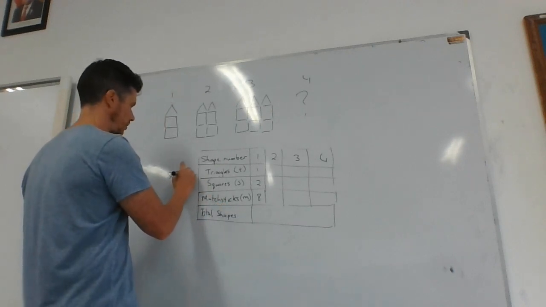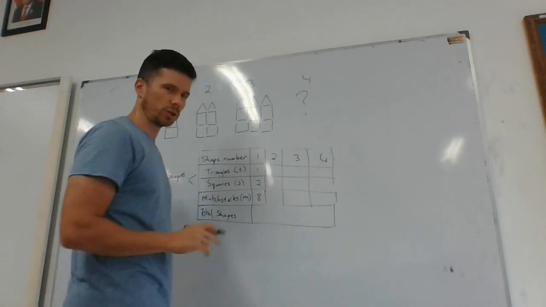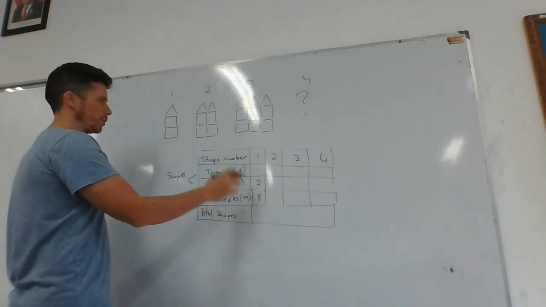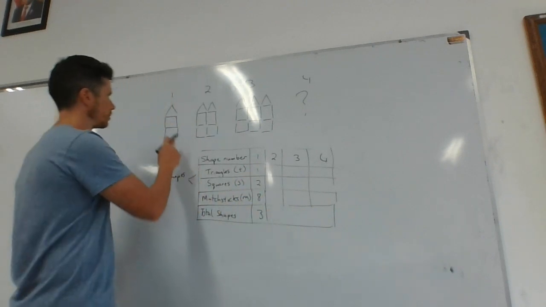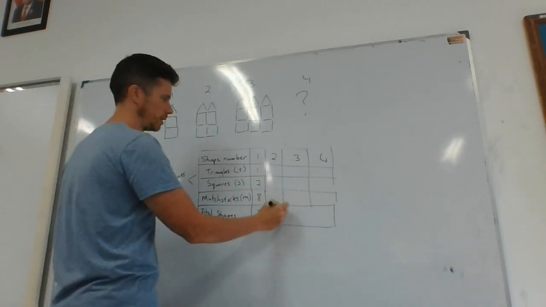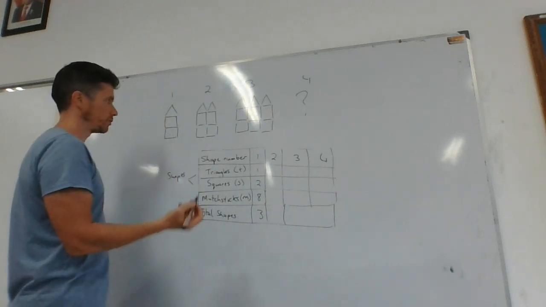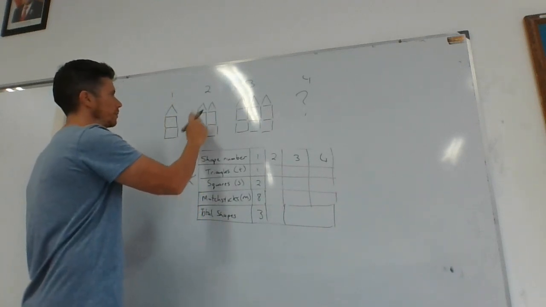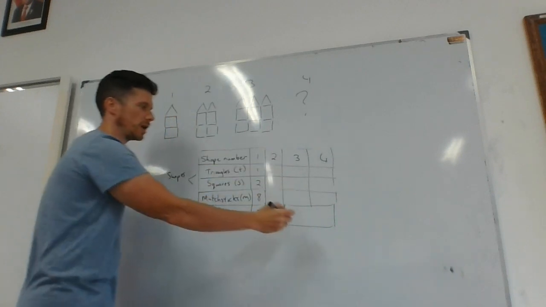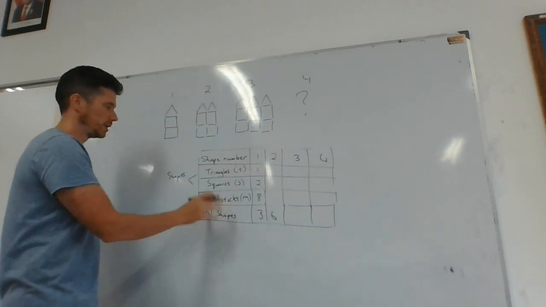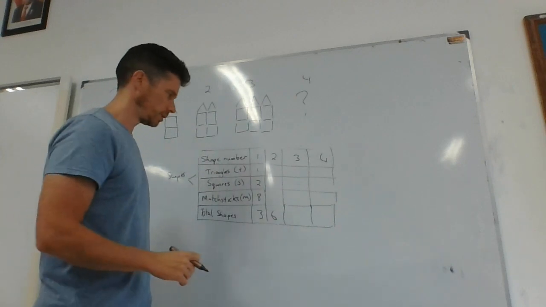The matches aren't shapes. I'm going to come to the matches at the end. In total, there's 3 shapes in that first one, so 2 squares and a triangle. In this second one, there are 1, 2, 6. So you should now add this line to your table, and that will help you with that question.